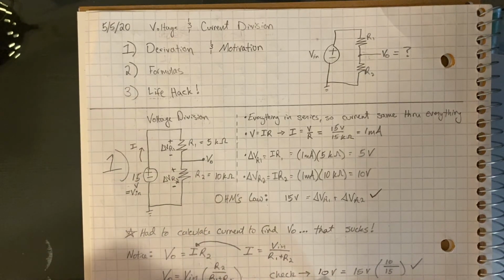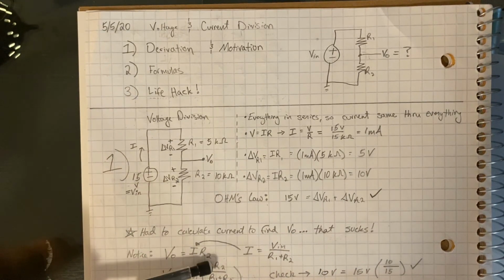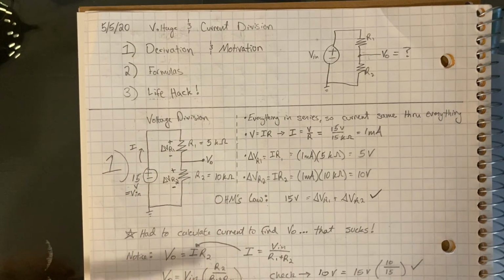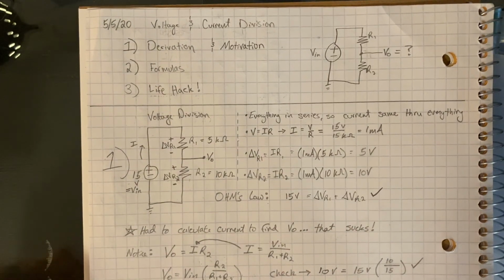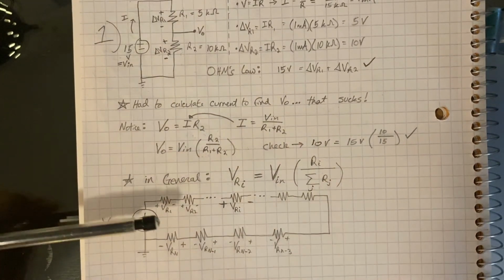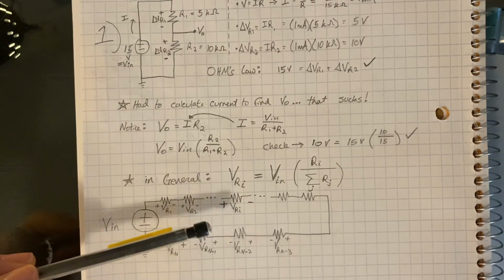We can check with our previous result. See, 10 volts, which we solved for here, is that equal to the source times 10 over 5 plus 10? Yeah, that checks out. So in general, if we have a complicated circuit like this and we want the voltage across, here we go, we want the voltage across this resistor here, just randomly in the series string.